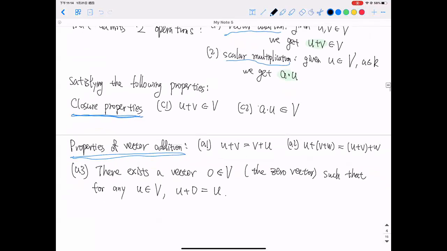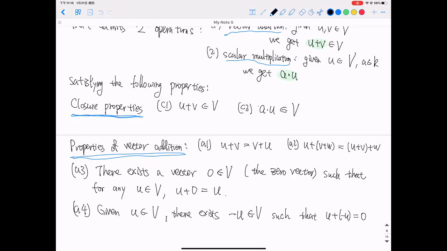Okay. A4, the last property on vector addition, says that given u, a vector in the space V, there exists another vector called minus u, also in V, such that u plus minus u is the zero vector.